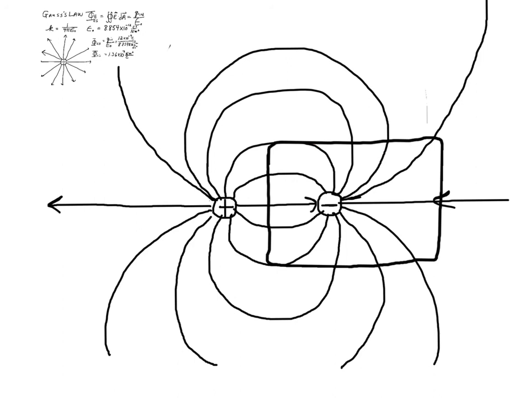Clearly a difficult integral, but by using Gauss's law it becomes very easy to get the net flux out of the cube. Okay, I think we're done.